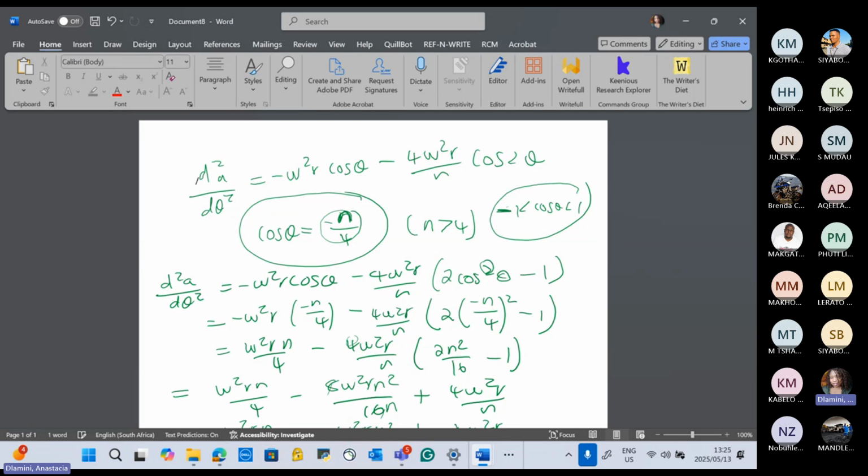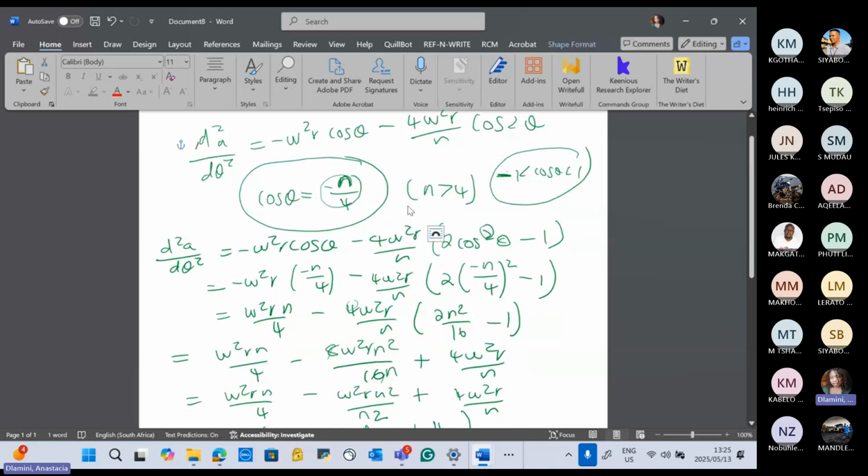That's fine as well. But then we also consider the value of n greater than 4. Then this particular part, of course, will be impractical, because we know that we'll have cos theta equal to -1.5, for example, or 1.0 something.